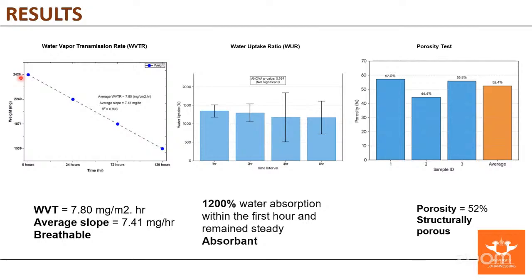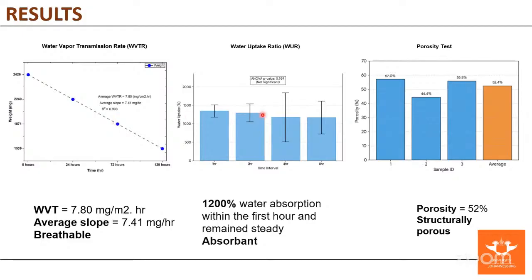That's why they have the ability to lose the vapor, and secondly, that during transmitting the vapor, they themselves don't degrade because of this average slope here being constant. So they are breathable and they don't degrade in the process of exchanging vapor material.